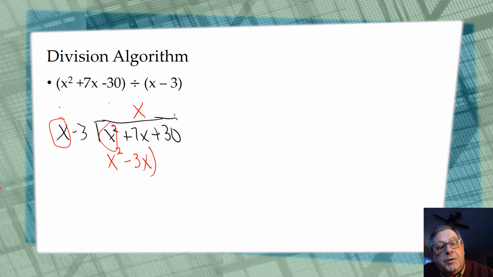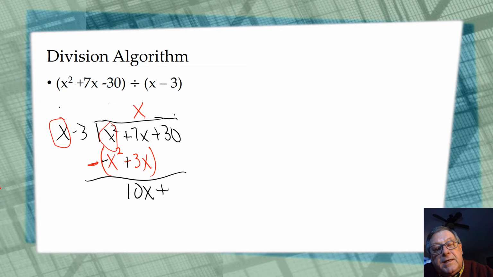Now I like to put this in parentheses because I'm subtracting this from what I see up above, which means that the signs are going to change inside that parentheses. In other words, that's going to become a negative x squared, that's going to become a positive 3x. So x squared minus x squared, well, that's going to be 0, and 7x plus 3x is 10x.